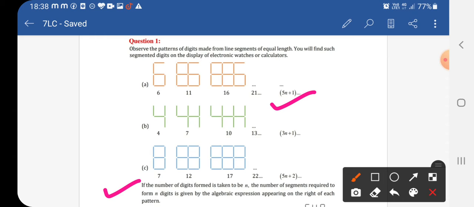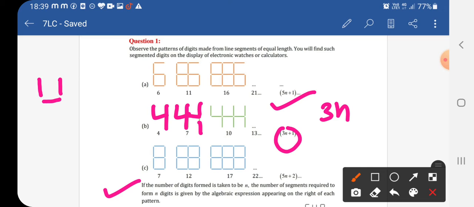Now for 4, okay, this is 4. If one 4 is already present, how many more segments do we need? 1, 2, 3. Yes, so the pattern will be 3n. Then what should be added to it? How many segments is it getting free? Just look here, 1, 2, 3, 4.